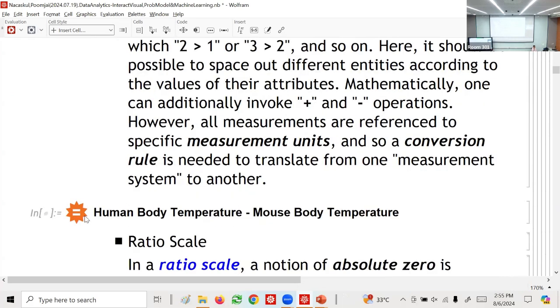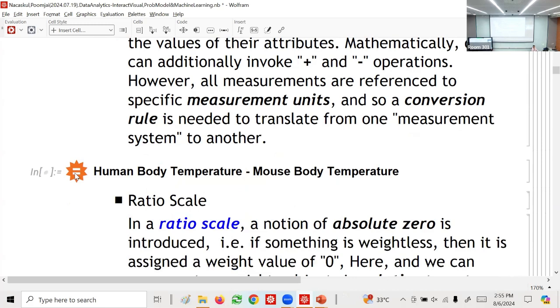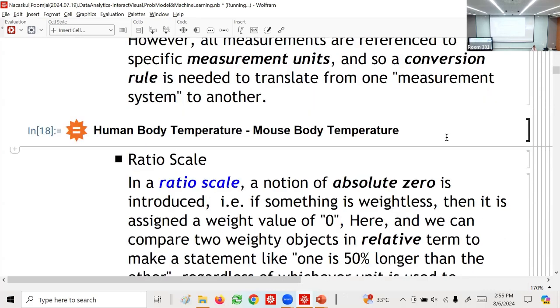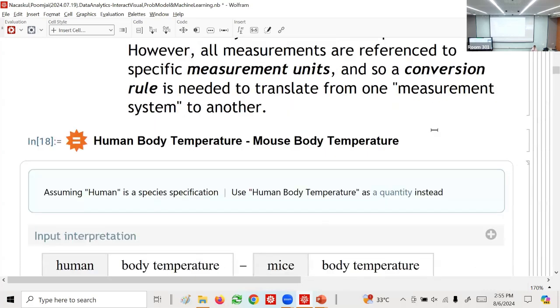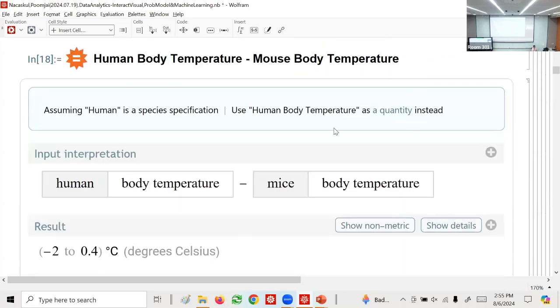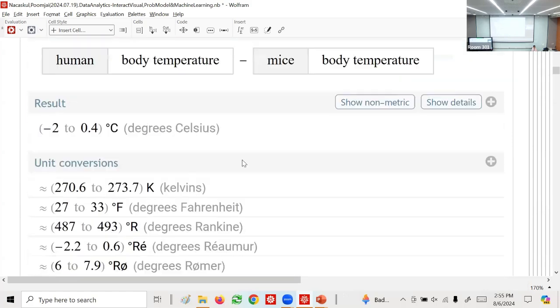By the way, in Mathematica, I can have a different problem. It's a little bit intelligent, so it does go and look up. So here, it literally goes out on the internet or whatever, that knowledge base. So it actually looks up human body temperature.